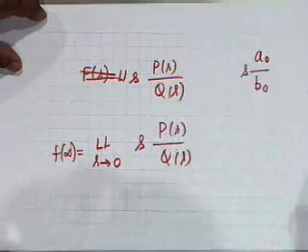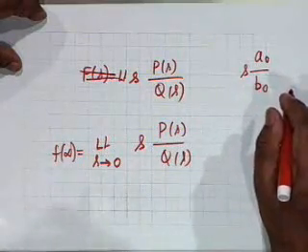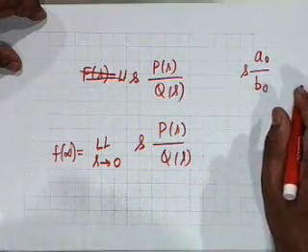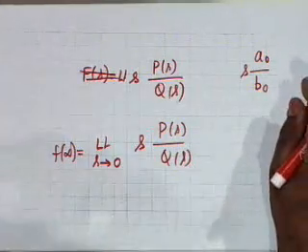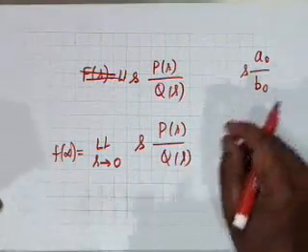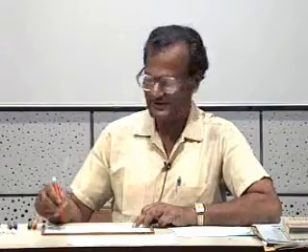It becomes 0. When shall it be non-zero? That is the question. It has no relation to the degree now. So when Q of s doesn't contain a constant. That is correct. F of infinity shall be non-zero only if Q of s does not contain a constant term.